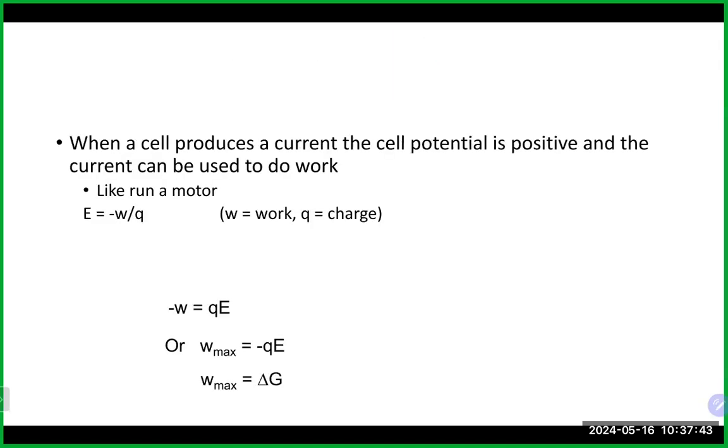Ultimately, the maximum amount of work that can be achieved is equal to the change in free energy. Remember that free energy is energy available to do some type of work, and we can use it to run something like a motor. Batteries are basically these types of galvanic cells.